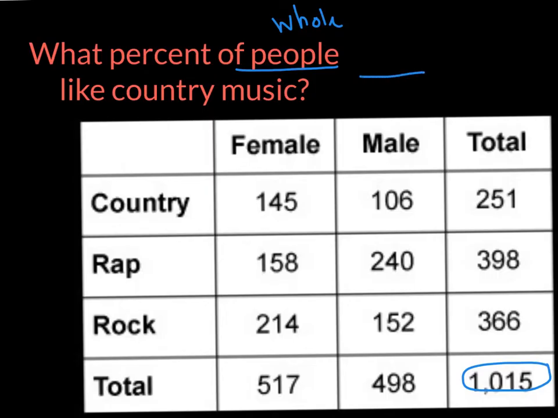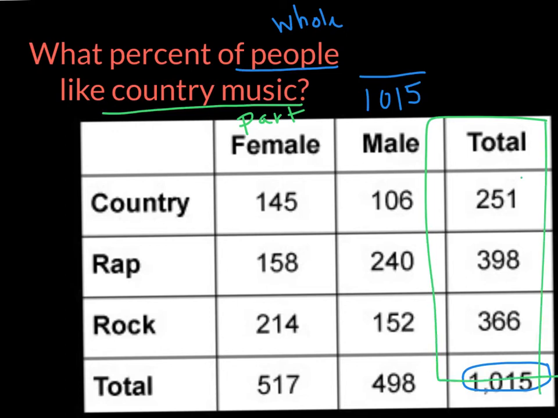So that's going to be my whole. And then my part is of those people who like country music. So of all of the people surveyed, 251 like country music. So we're going to take our calculator and divide 251 by 1,015.